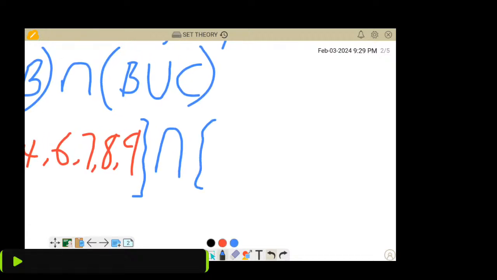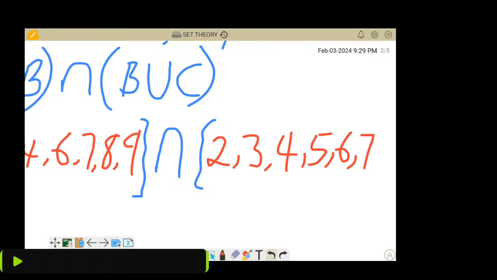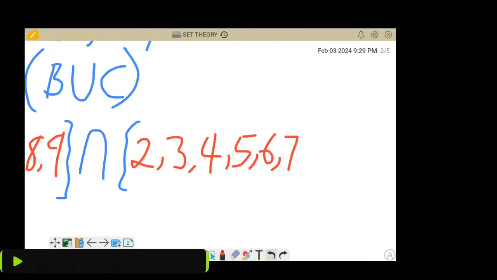The elements of B union C are 2, 3, 4, 5, 6, 7, 8, and 9.